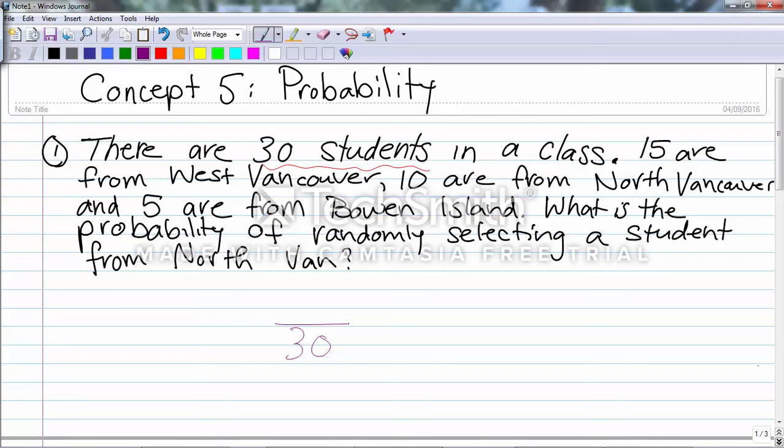And the question only cares about the North Van. So I'm going to scan the question: 15 West Van, 10 are North Van. So the probability is 10 out of 30, or 1 out of 3, and you can keep it as a fraction. Or if you think about it as 33.33333 repeating, so 33% of the kids are from North Van. So that's the probability of picking a kid from North Van.